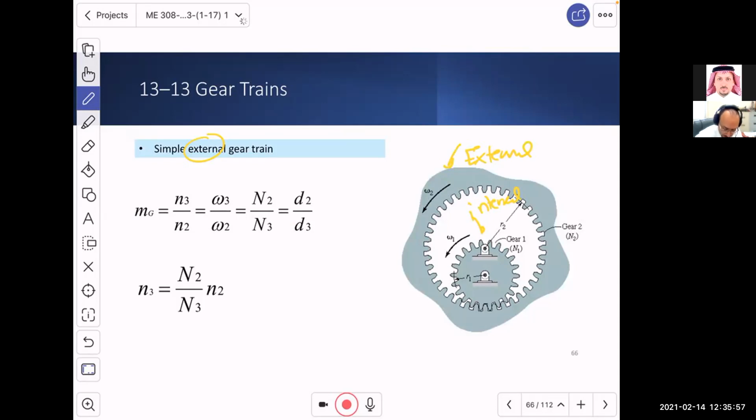So when this rotates in a counterclockwise fashion, this one will also rotate in a counterclockwise fashion and vice versa. So there is no need for a sign. These are positive, but the ratio stays the same. It's just the same. N3 equals N2 divided by N3 multiplied by N2.